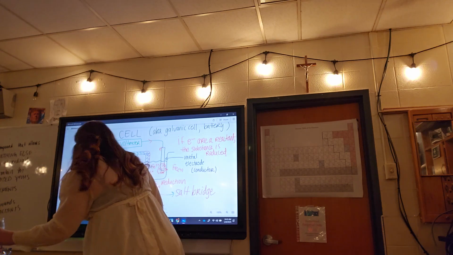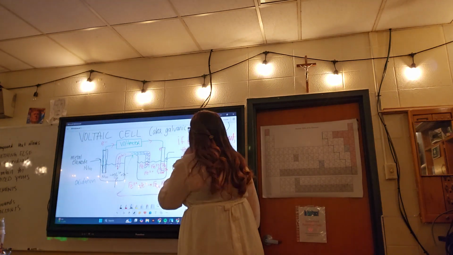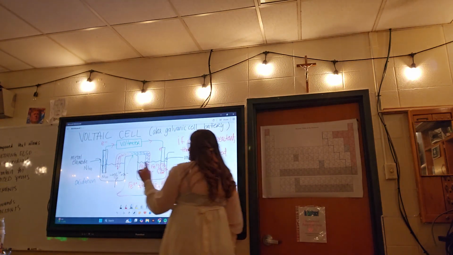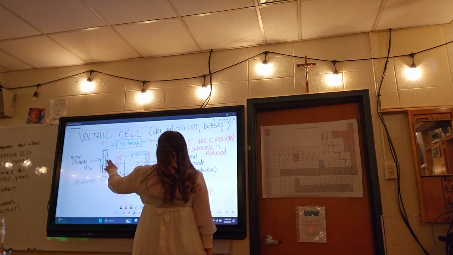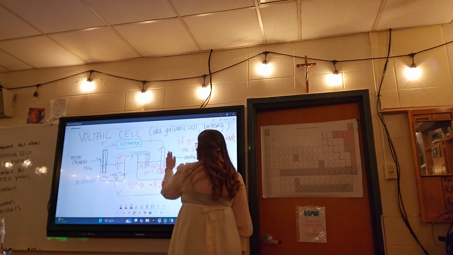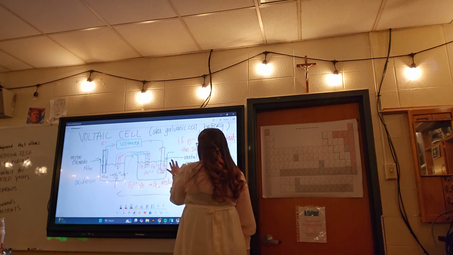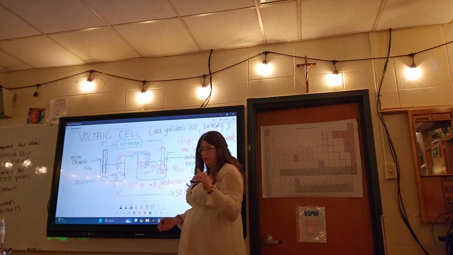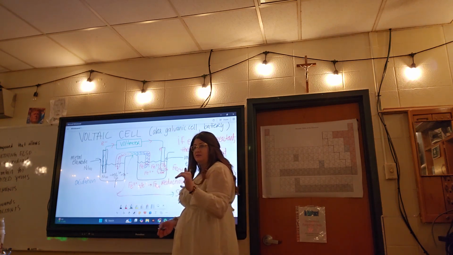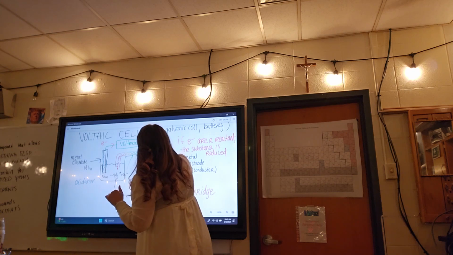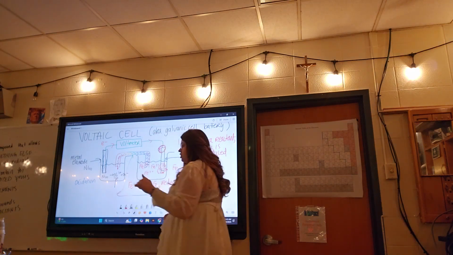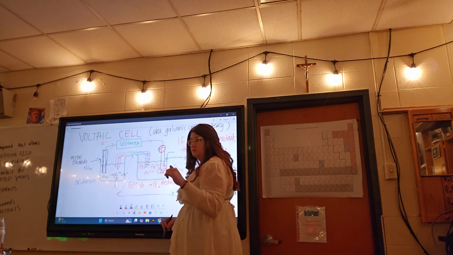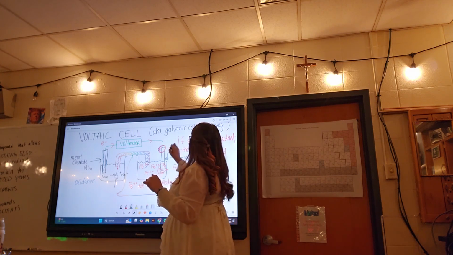Let me explain why. When the very first electron leaves this electrode and is transferred over to this side of the battery, you're going to have a charge buildup that's going to prevent anything else from happening. So here's an electron. What is the charge of an electron? It's negative.